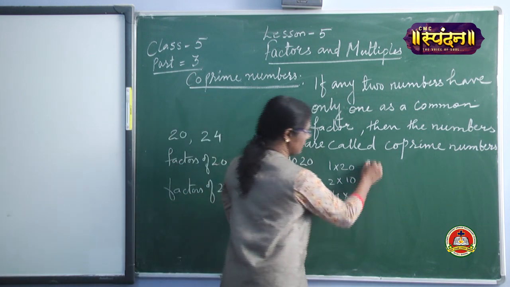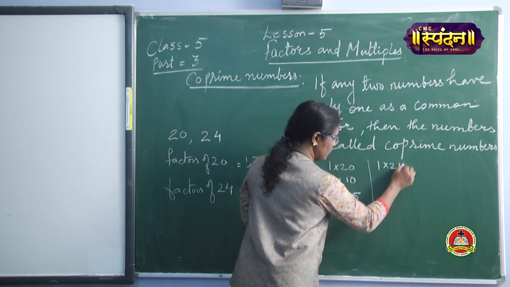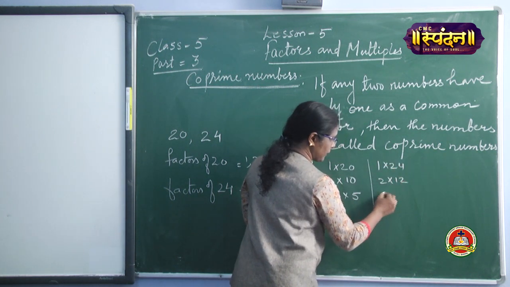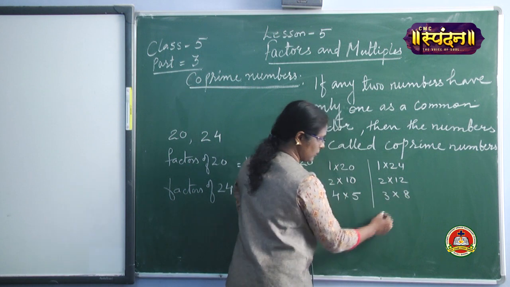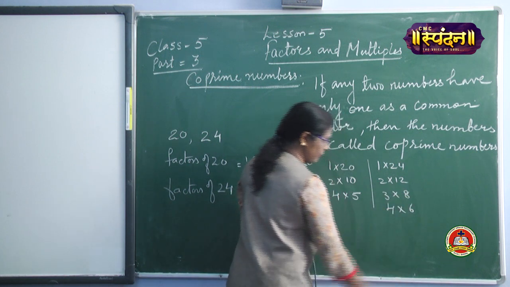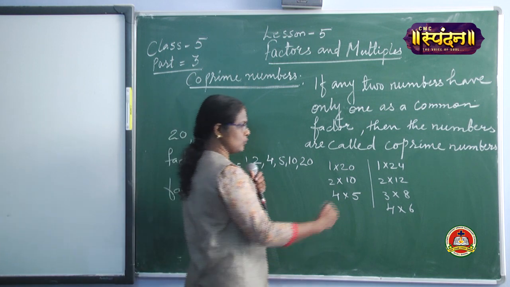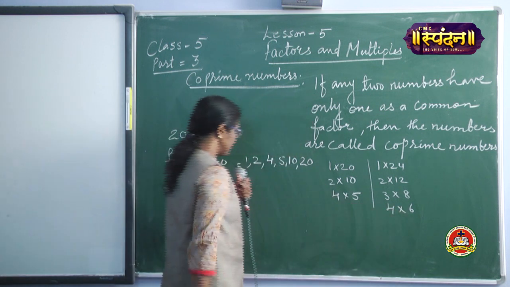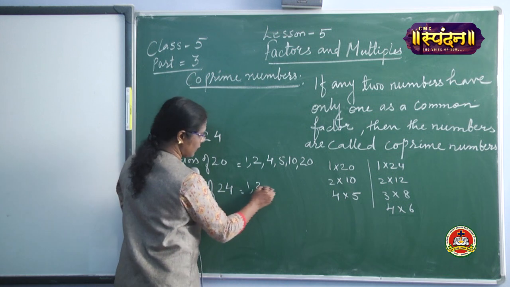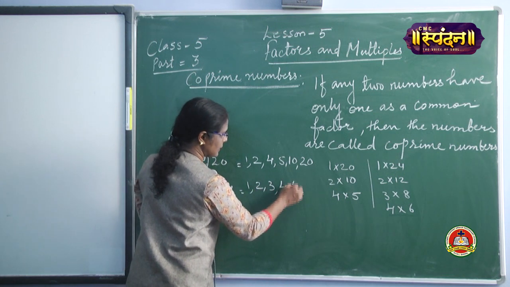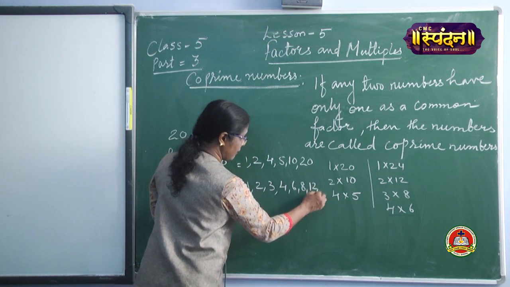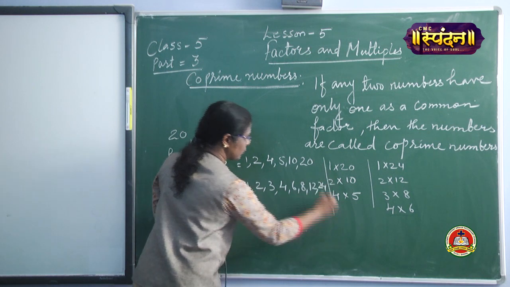Now coming to the factors of 24, 1 into 24, 2 into 12, 3 into 8 is 24, 4 into 6 is 24. We don't find 24 in the table of 5. So again we come to 6 into 4, which is the same as 4 into 6. So the factors of 24 are 1, 2, 3, 4, 6, 8, 12 and 24.